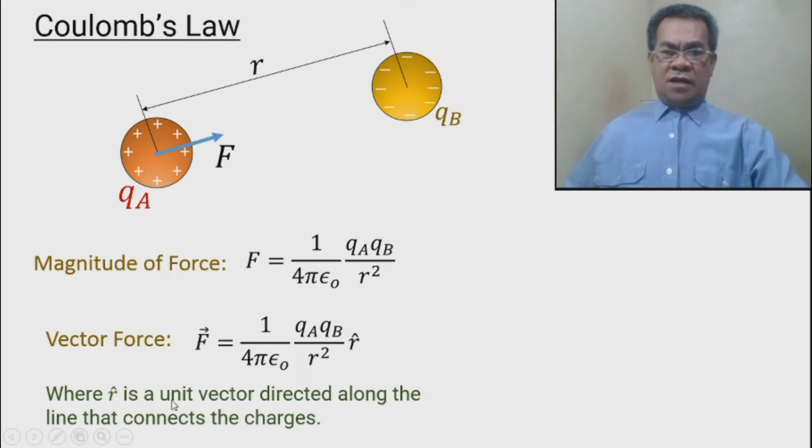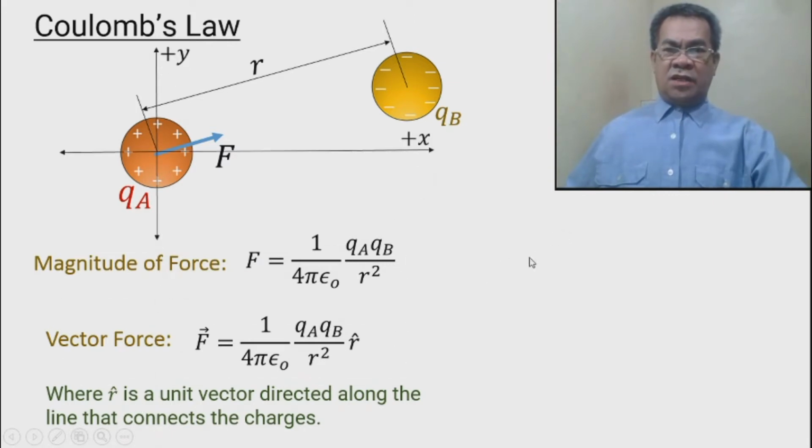What is r hat? Now, r hat can be calculated if we have, for example, a 2-dimensional problem. So this force is actually lying on the XY plane. So in this case, we need to have the angle theta from the x axis, and we have this r, remember. So the r hat is actually in the direction of the force.